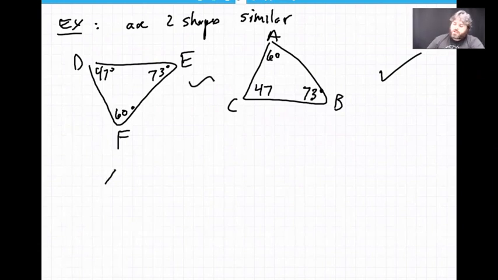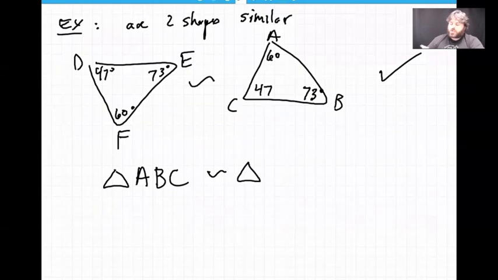Now, when I say two things are similar, I immediately get a similarity statement. I can say that triangle ABC is similar to triangle DEF or FED or whatever, but does it matter which three letters I put here? It actually does. Notice how angle A, if I say triangle ABC and start with A, I'm talking about the 60-degree measure. So I want to use the 60-degree measure when I write the statement.